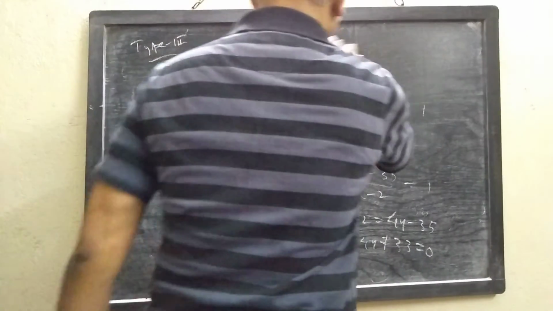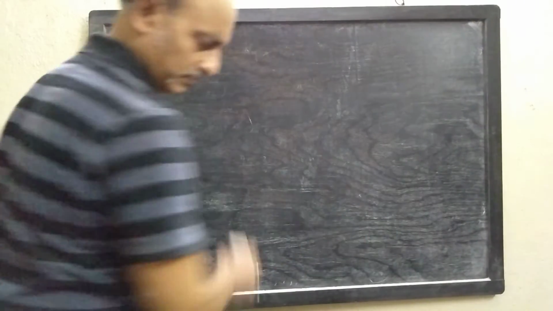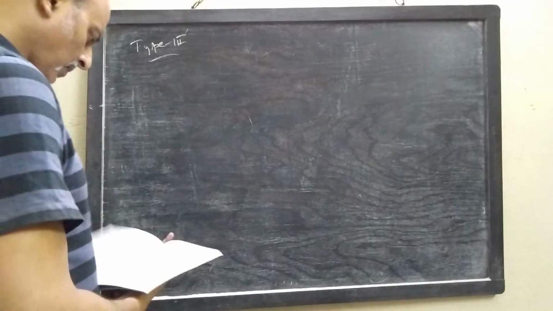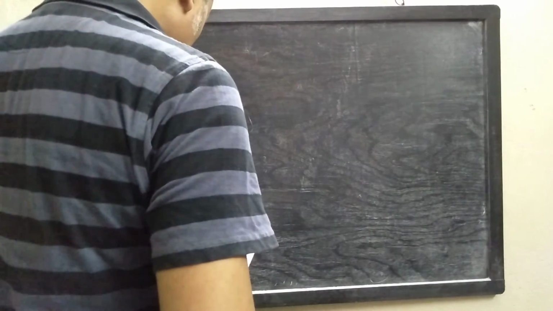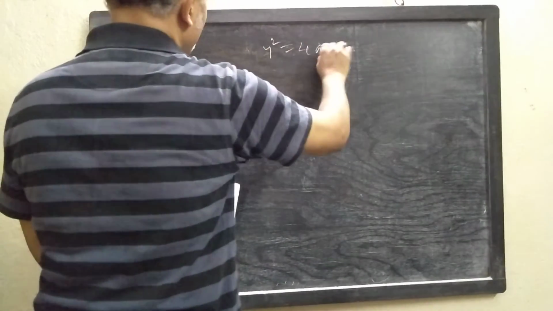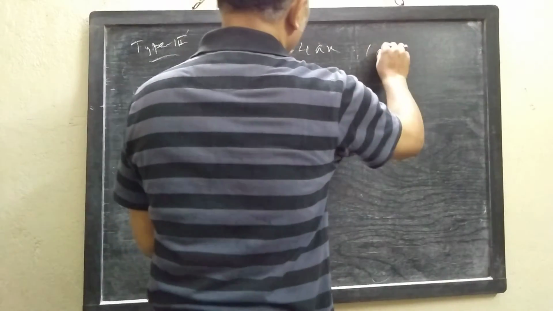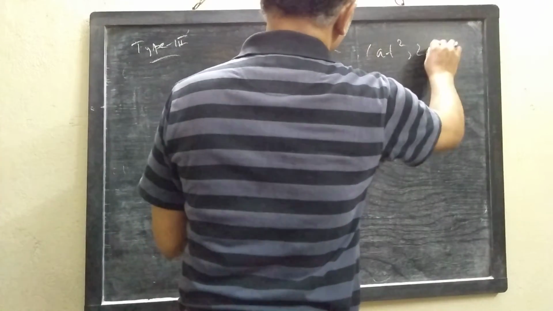Next problem. Find the equation of tangent and normal to the parabola y square equals 4ax at the point (at square, 2at).